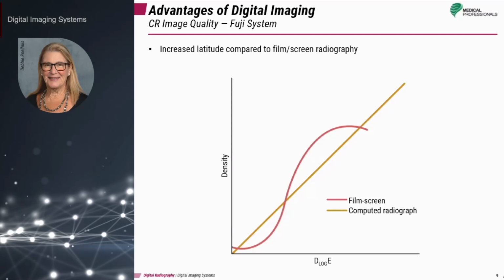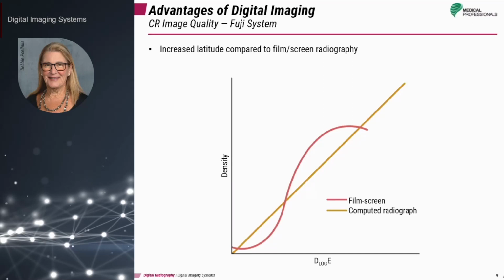Digital image receptors respond to a wider range of X-ray exposures, resulting in a wider dynamic range. The response of each system can be illustrated by comparing the D log E, or the H and D curve of a digital image receptor and the film screen image receptor.